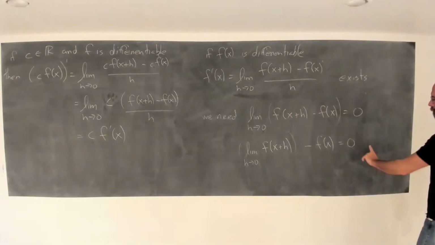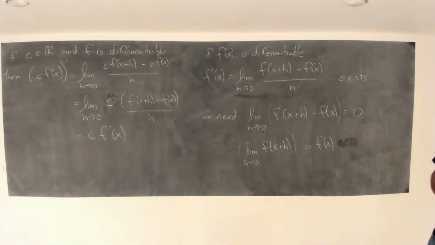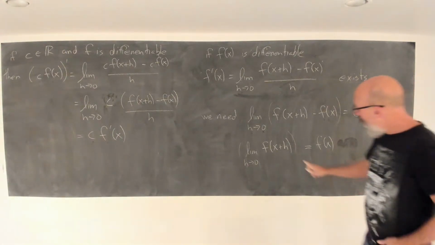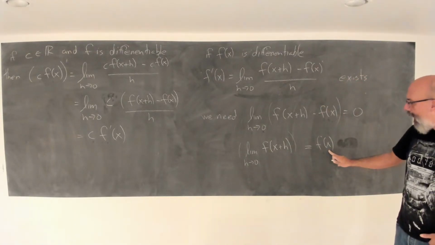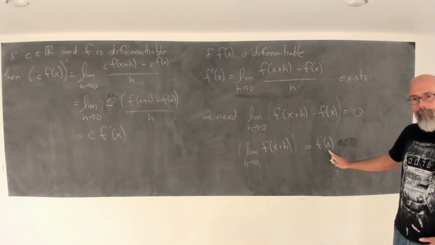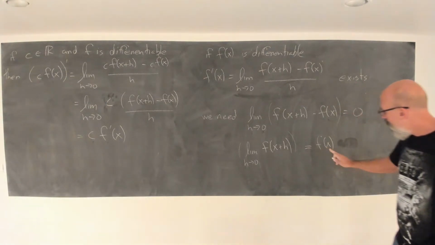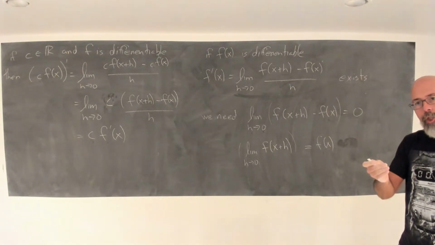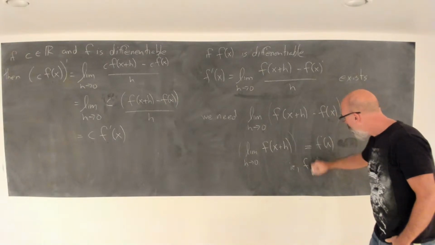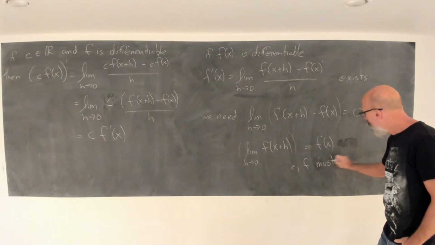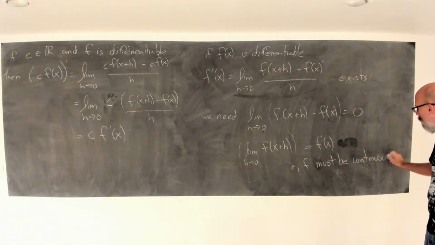Or if I bring this to the other side, the limit of f of x plus h as h goes to 0 has to be f of x. And if you think about this for a moment, this is really the condition that f is continuous.